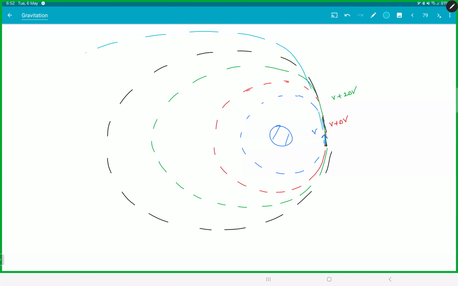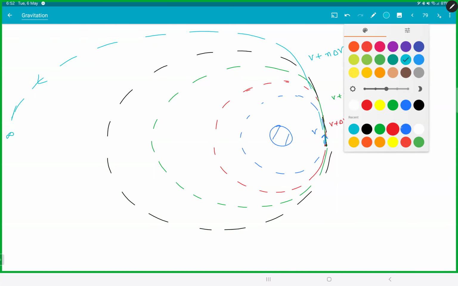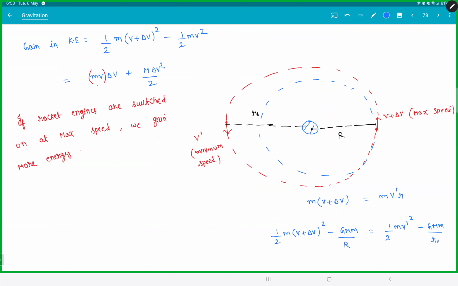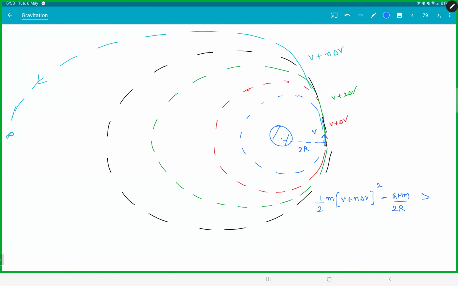If you keep doing this, at some point you have gained so much velocity, it will be v plus n delta v. At this point, you will escape to infinity. So the energy becomes half m (v plus n times delta v) whole square minus G M m by r. That was the total energy. This is 2r. That distance is 2r. This value must be greater than or equal to 0 to escape, isn't it?